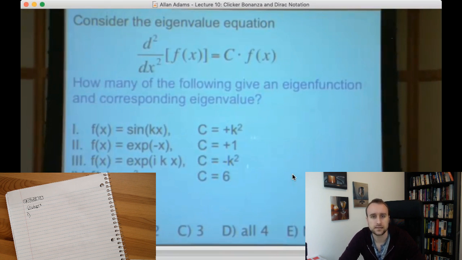Sine kx, well, you take the derivative, and that gets you cosine, and then you take it again, and you get, I believe, sine, so it's k squared. I might be missing a factor of -1.